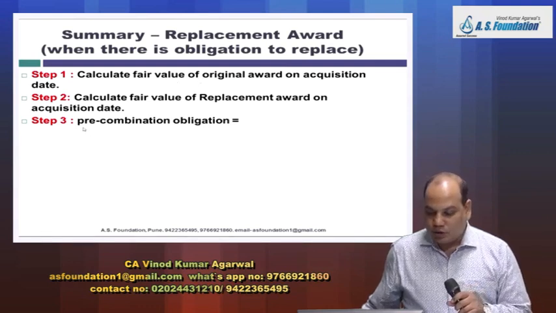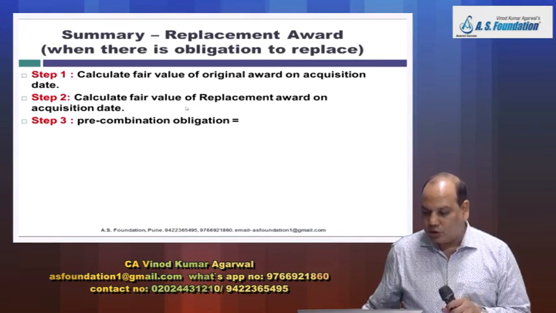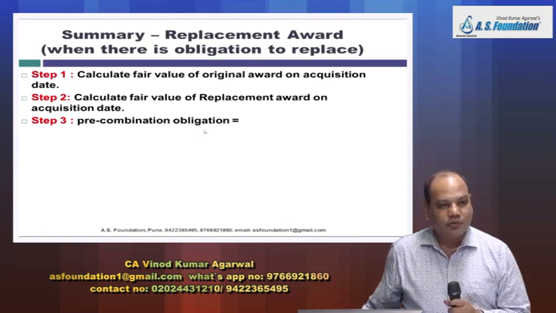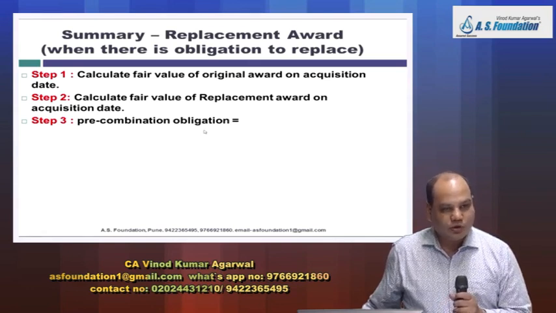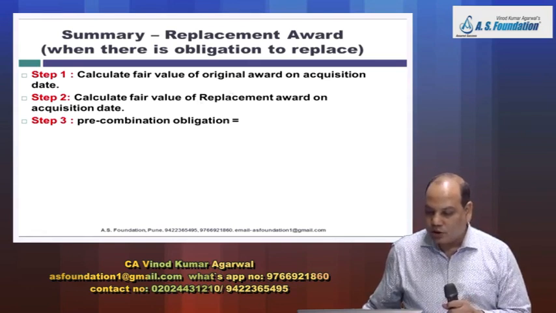acquisition date. Now what I will do, I will divide the total obligation into two parts: pre-combination obligation and post-combination obligation, because this award has already run a few years. Suppose the total vesting period is 4 years, they have already run 2 years or 3 years.